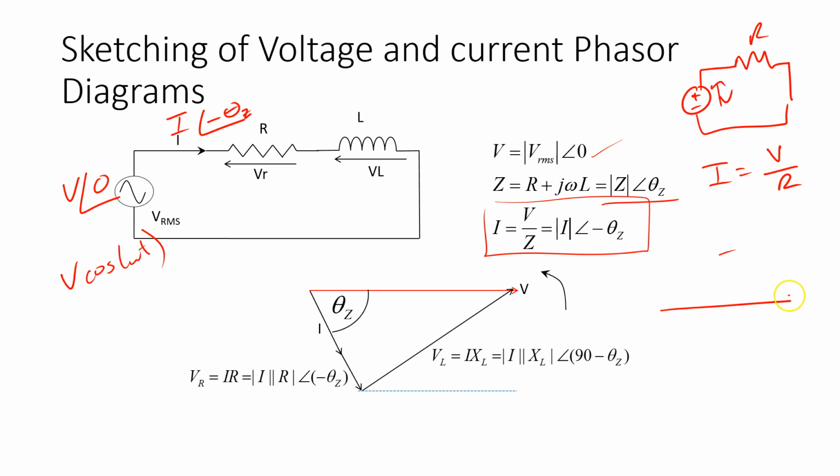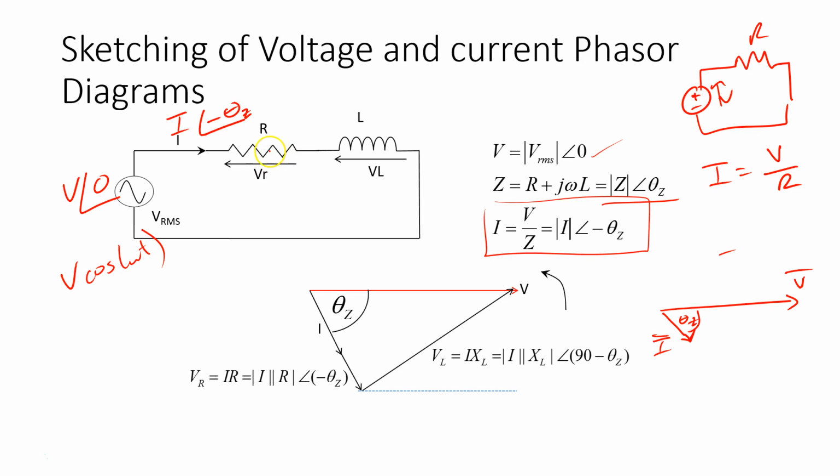I simply draw V angle 0, and I know I have some negative angle for my current, I, and there's this angle theta Z. So this is the source voltage and the current on a phasor diagram. I can represent the others as well.